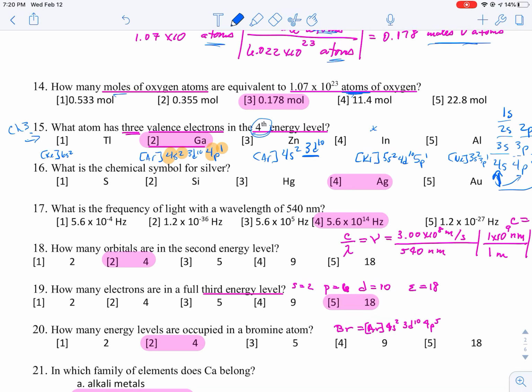Now this one's kind of crazy because it jumps down. It's going to fill all the way. You've got your 4f14, your 5d10, and then we're back up to 6p1. That's why it's gallium. Okay, so the chemical symbols, that's on the next test, but you should be starting to get to know some of these symbols.